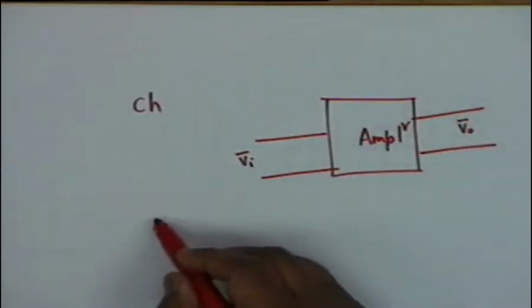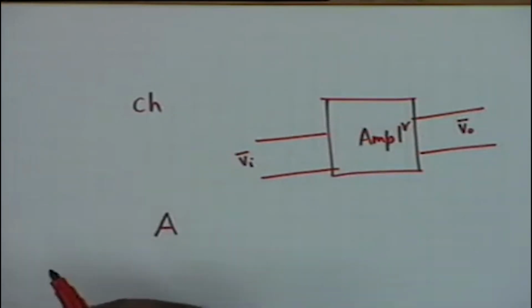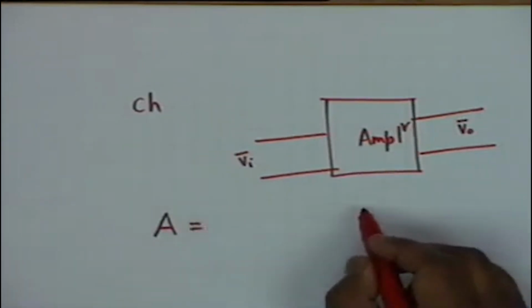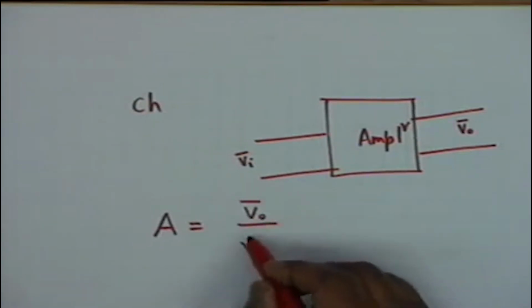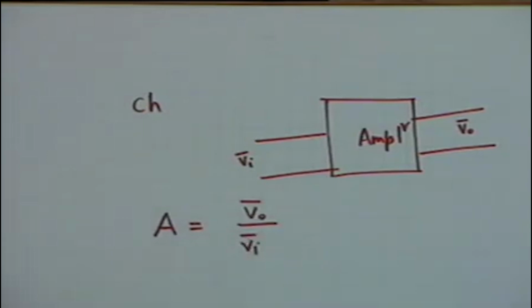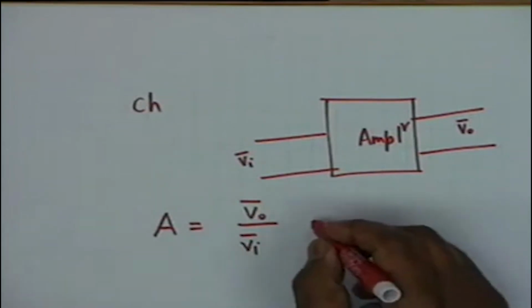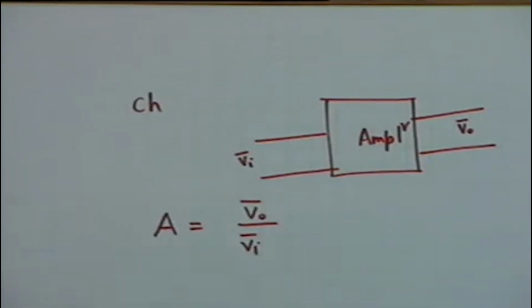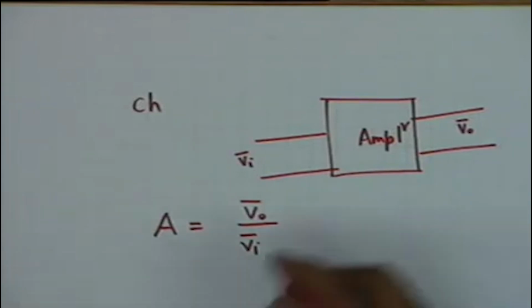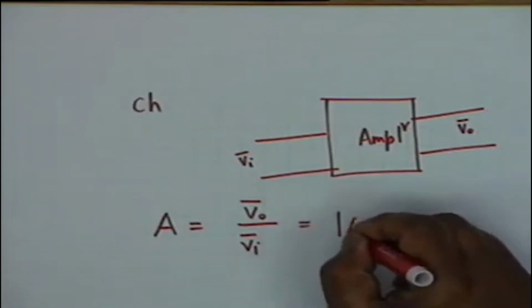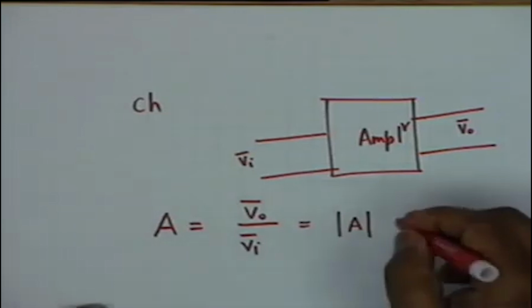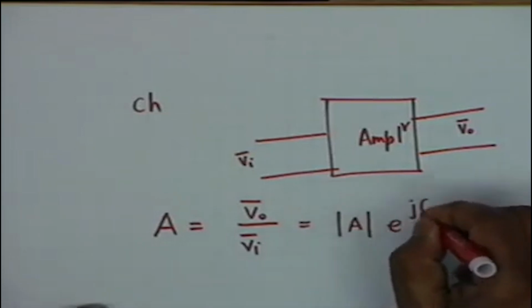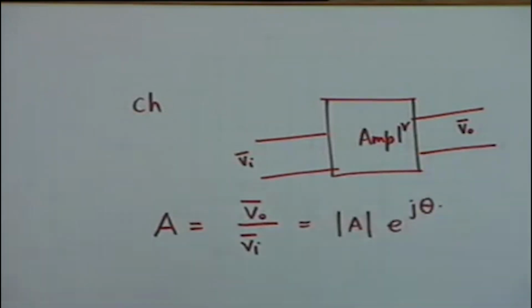All right, then the gain or amplification of the amplifier is denoted by A, the ratio of the output phasor to the input phasor. Obviously, this would be a complex quantity. There would be a magnitude, which is the ratio of the two magnitudes of the voltages, and there would be a phase e to the power j theta.